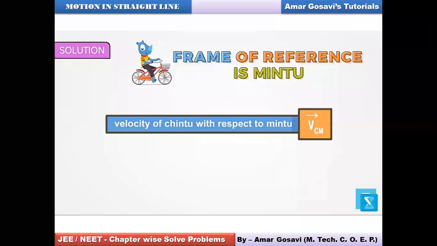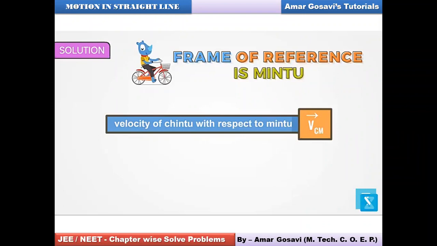So frame of reference, if we select Mintu, then velocity of Chintu with respect to Mintu will be given as VCM. Had the frame of reference been Chintu, then the velocity would have been VMC, the velocity of Mintu with respect to Chintu.